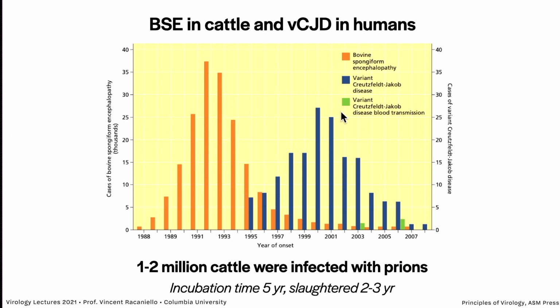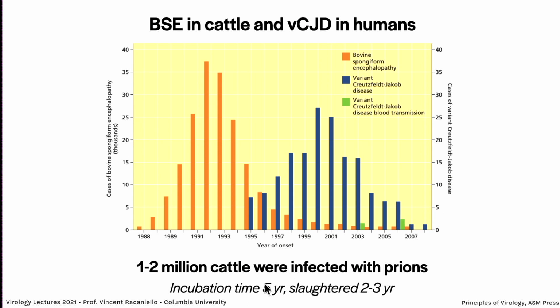But then the human outbreak of variant CJD began because there's a long incubation period. You can see it peaked in about 2000 and then went down. And then there were a few cases of these patients transmitting it to others by giving blood. Those are the green bars right here. So it's variant Creutzfeldt-Jakob arising from consumption of beef, and then variant transmitted by blood transfusions.